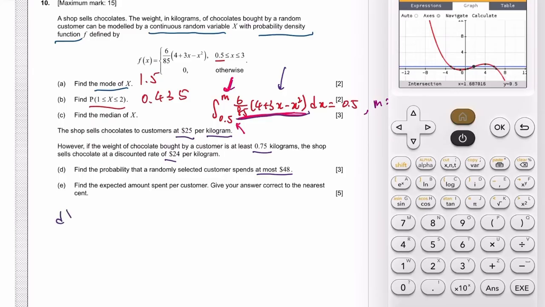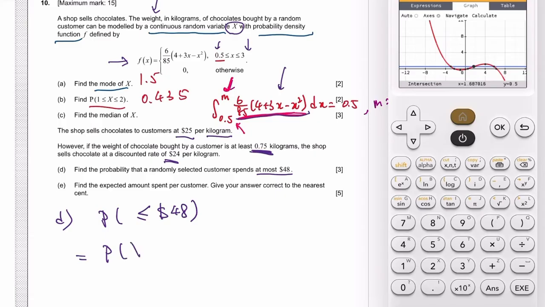Okay, so pretty much we want to find the probability that someone would spend less than or equal to $48. And the random variable x is actually the weight of chocolate people would buy. So they would at least buy 0.5 kilogram and at most buy 3 kilograms. Then you think, how can they spend $48? Well, if they buy more than 0.75, it will be $24 per kilogram.